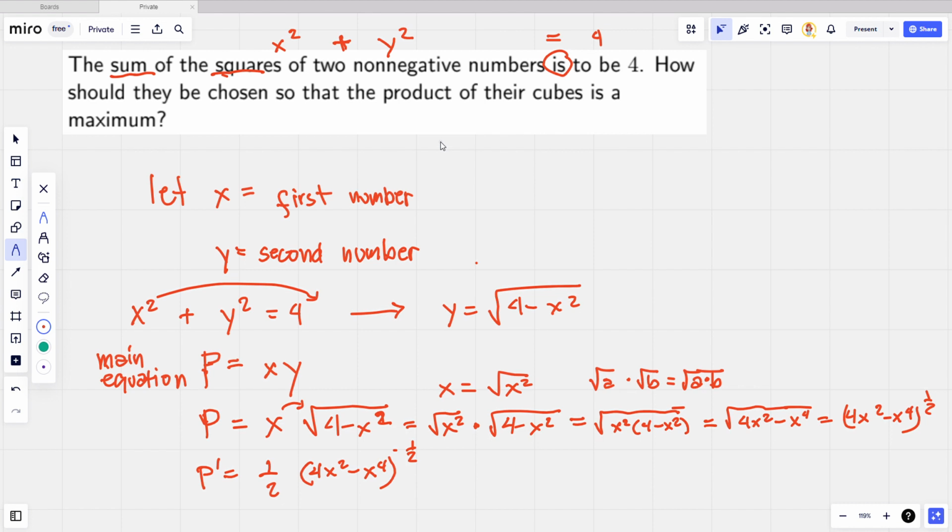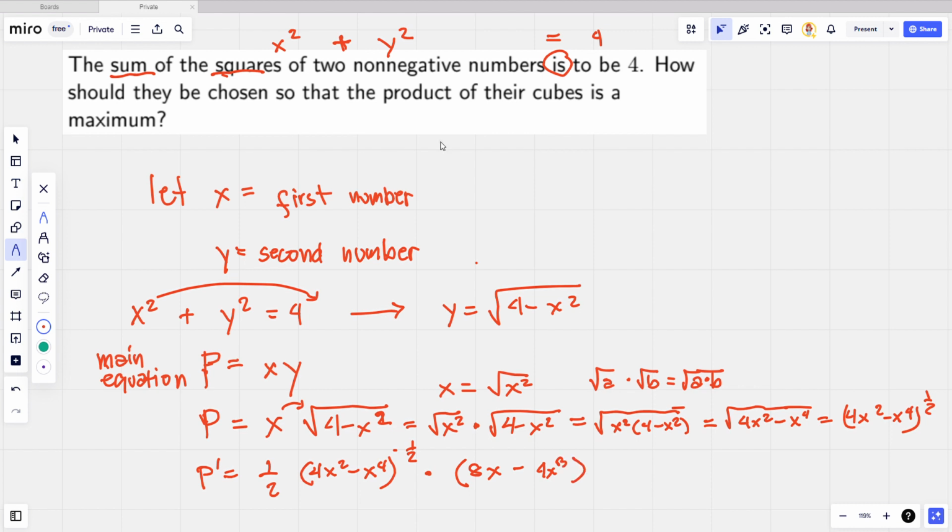And then, by chain rule, the derivative of the function inside. The derivative of 4x squared is just 8x, minus the derivative of x to the 4th, which is 4x cubed.